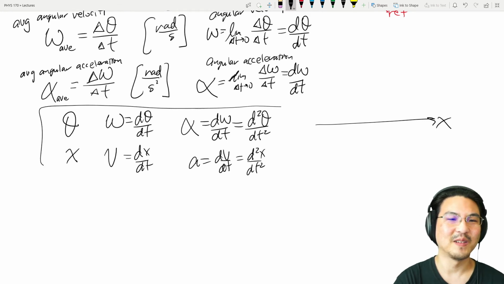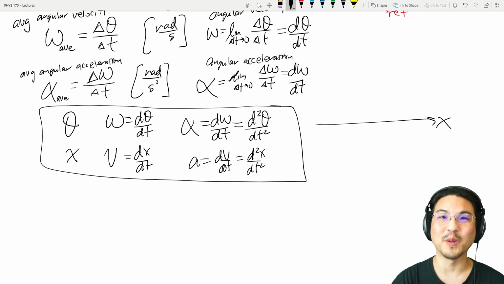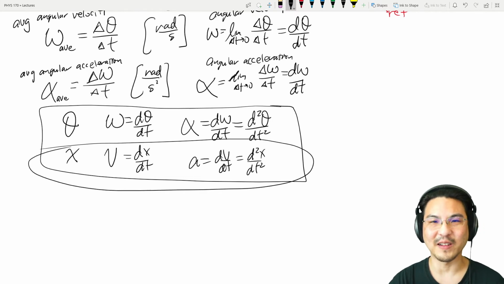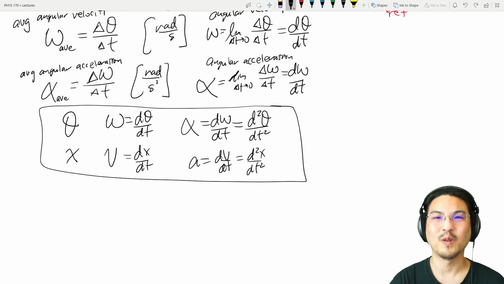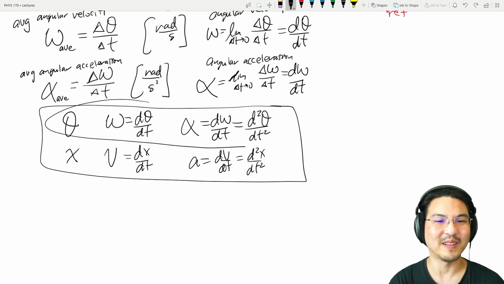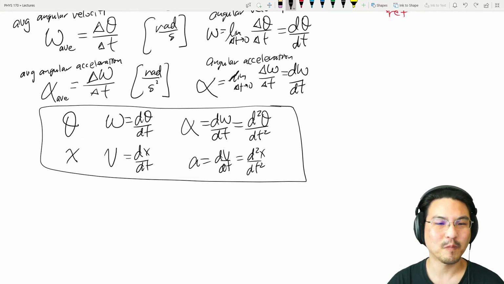Right, so hopefully it looks super familiar. It also means everything you've ever practiced for kinematics, going in straight lines for translation, all that information is still useful because you now apply it for things that are rotating.